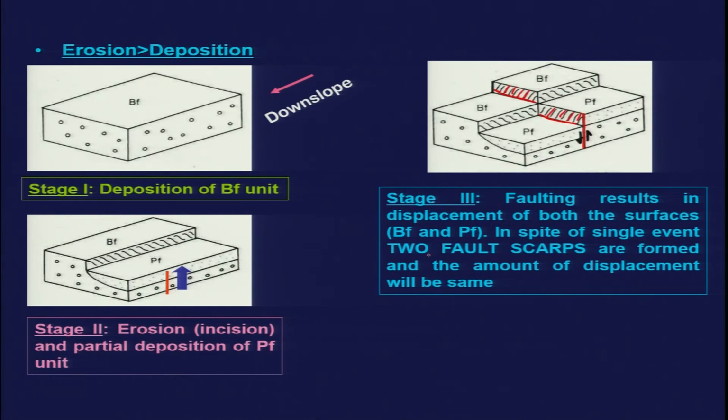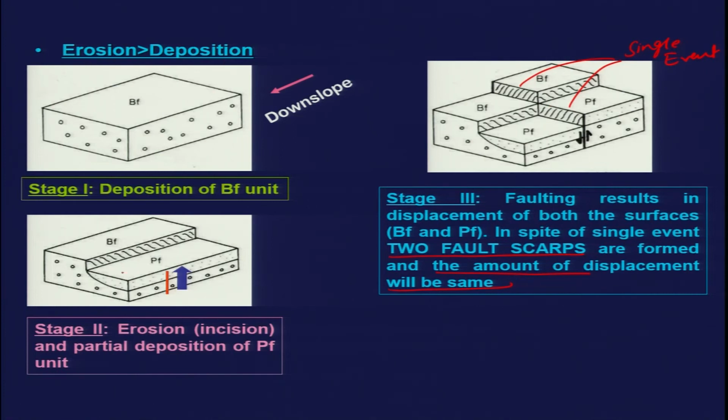You may be confused that you have two faulting events, or two earthquakes here, because you have two fault scarps, but the amount of displacement is the same. Based on that, you can justify that both the scarps were formed during a single event and not because of two events. This is the case where erosion is greater than deposition.